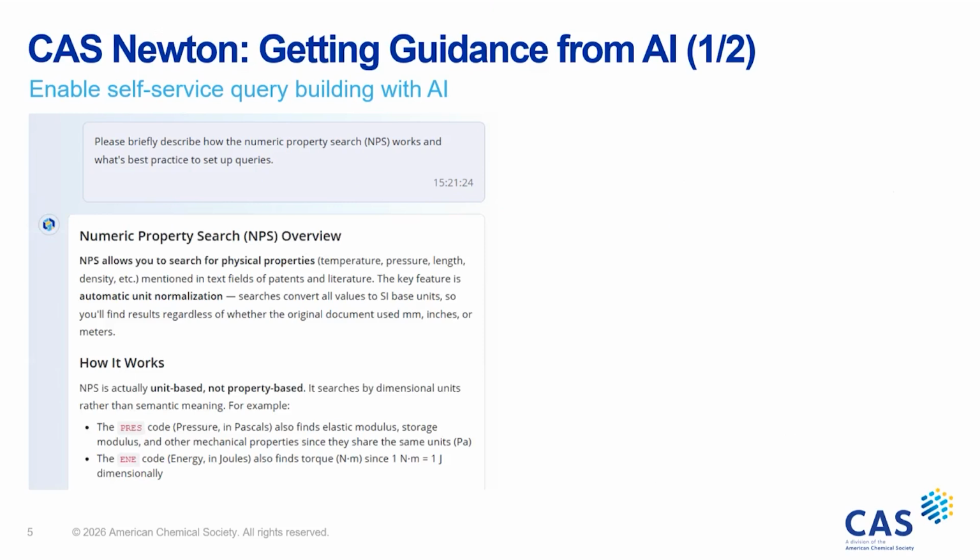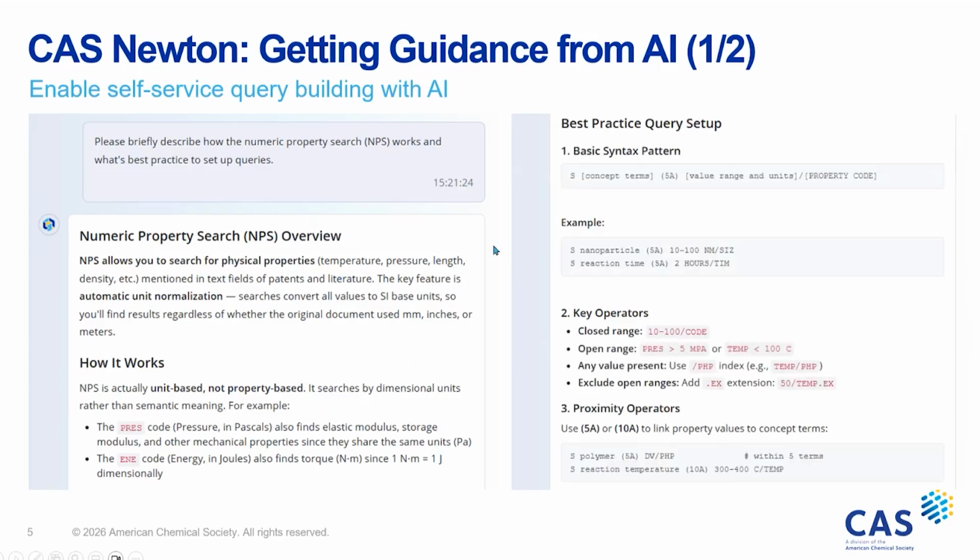And the agent comes back and talks about the overview, basically what the system is doing and how it works. It starts with a few examples, but then also more systematically shows you the basic syntax pattern: the concept terms, so the context that you define, combined with a neighborhood operator, and then a particular unit or range of units that you indicate, and then search in the related property code field.